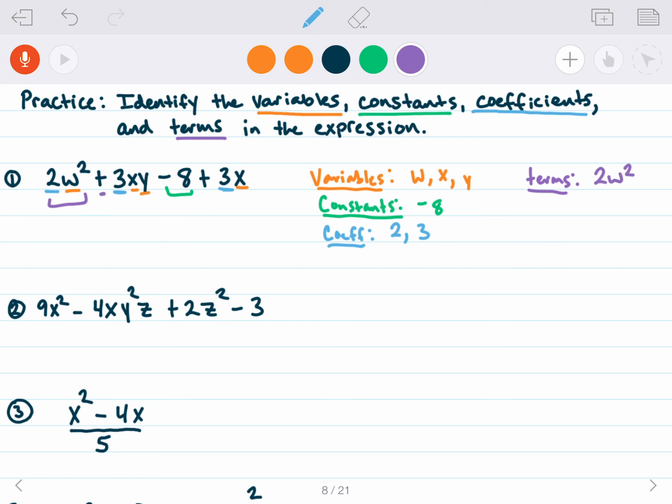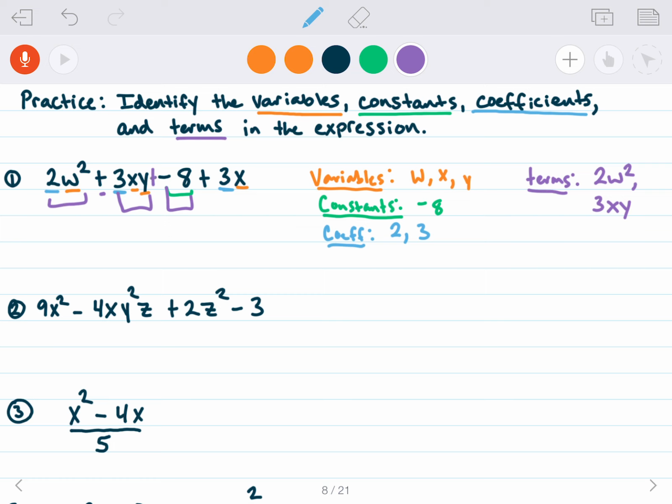Then comes the plus sign. Terms are separated by plus or minus signs. So the next term is 3xy. That's all being multiplied. Followed by the next term, which is -8, because there's an understood plus in the front.